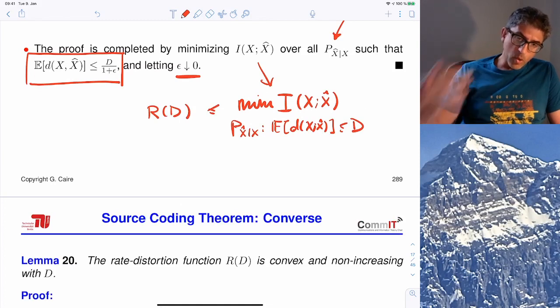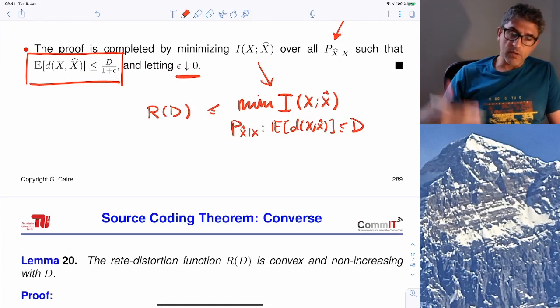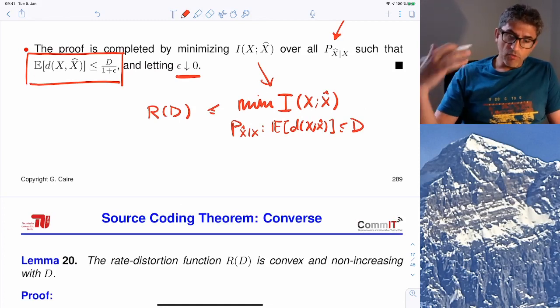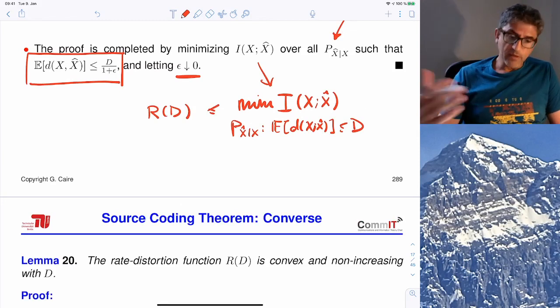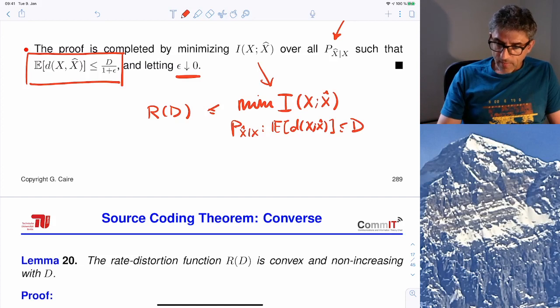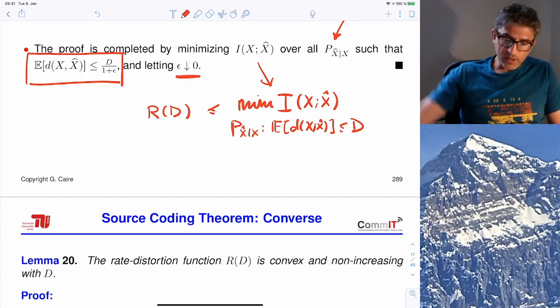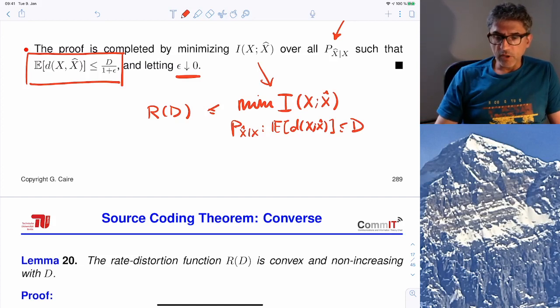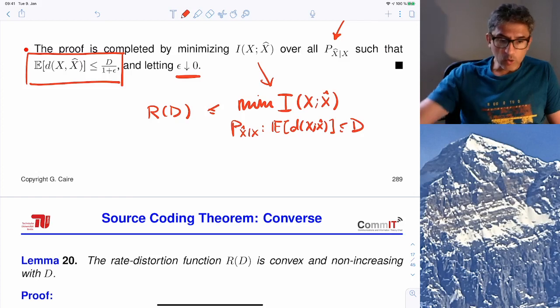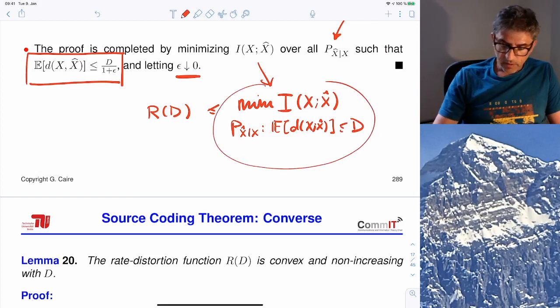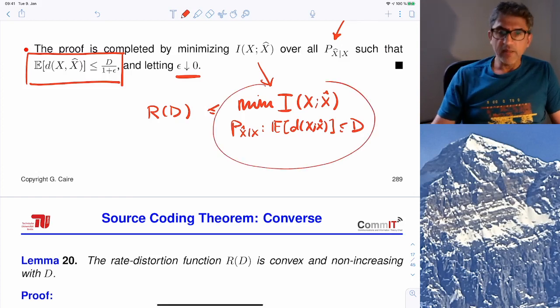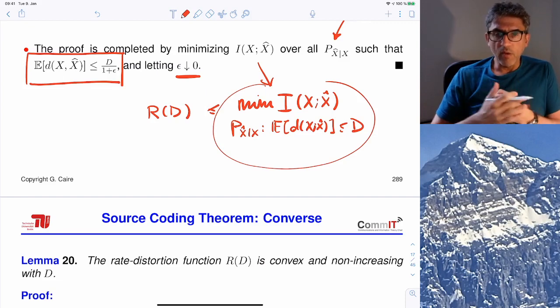We say, suppose that we have a sequence of codes of rate R achieving distortion D. I don't know how they are constructed. Then, through a sequence of information theoretic inequalities, we conclude that R must be greater or equal than this quantity. And this then proves the equality. It means that the upper bound and lower bound coincide.